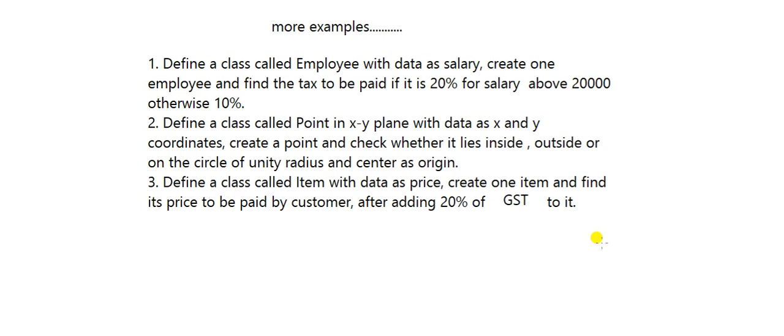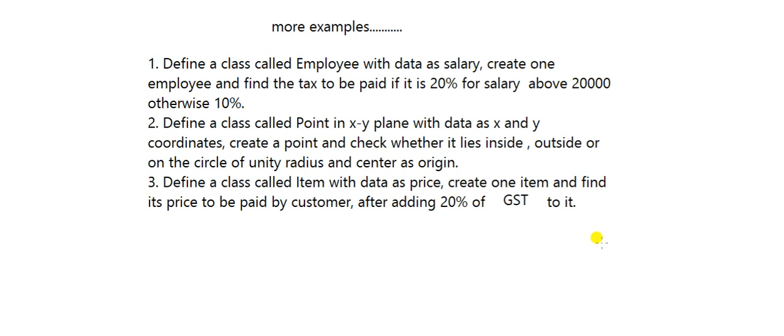So first is to define a class called employee with data as salary. Same way, the data member is salary, and then an init method to initialize this salary, and a find tax method to return 20% of the tax. You have to use if else here: if the salary is above 20,000, 20%, otherwise it is 10%.